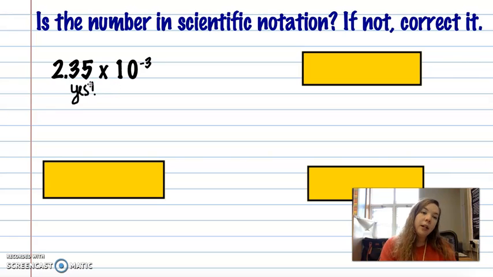Really what we're looking for here is if there are 2 digits in front of the decimal or only a 0 in front of the decimal, that would not be okay. And this comes up when we are multiplying or dividing scientific notation, because sometimes when you multiply or divide in scientific notation, those numbers will then become 2 digits instead of just the one that you started with.